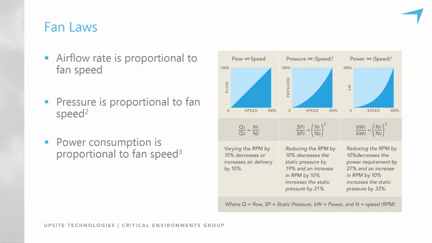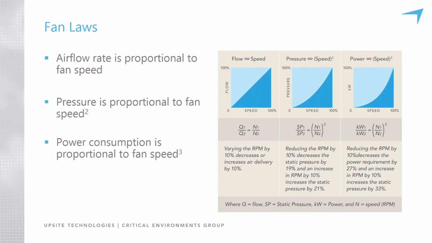Pressure is proportional to the fan speed squared. So if there's a 10% reduction in fan speed, there's a 19% reduction in the static pressure. And power consumption, here's the real benefit, power consumption is proportional to the fan speed cubed. So if you reduce the fan speed by 10%, there's a 27% reduction in energy consumption.